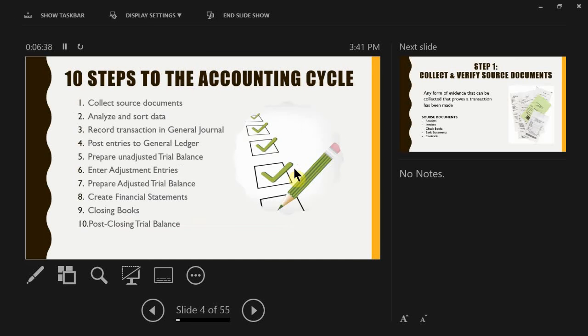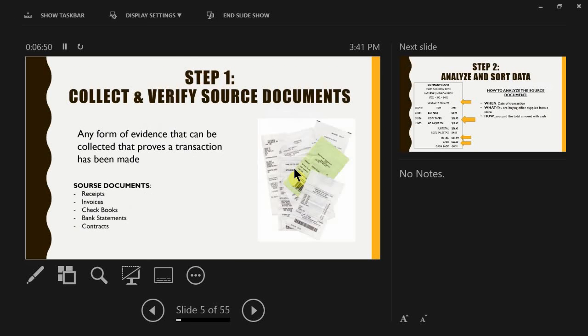Okay. So once again, here are the 10 steps of the accounting cycle, right? We start by collecting our source documents, right? Collecting your source documents could mean collecting your receipts, contracts, invoices, bills, whatever source of information proves that a transaction has occurred and that it is within the business, right?